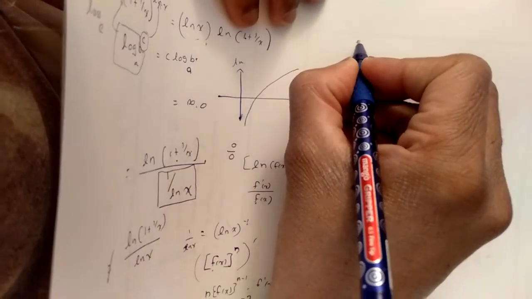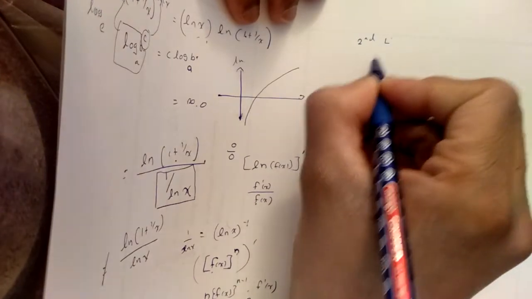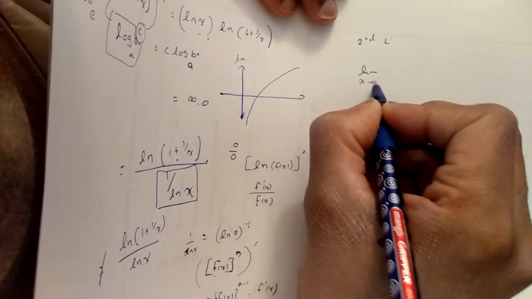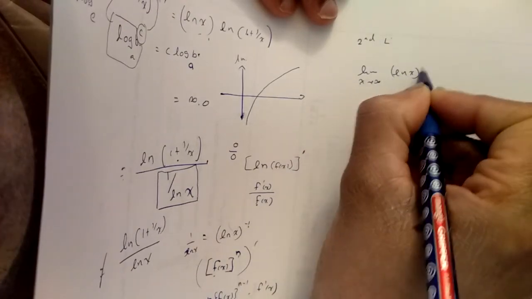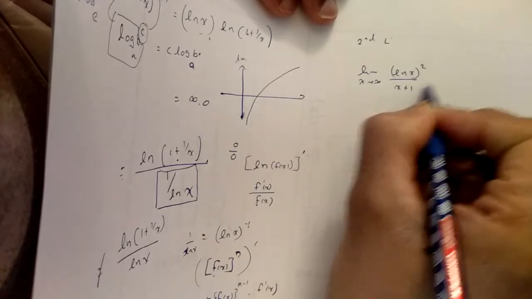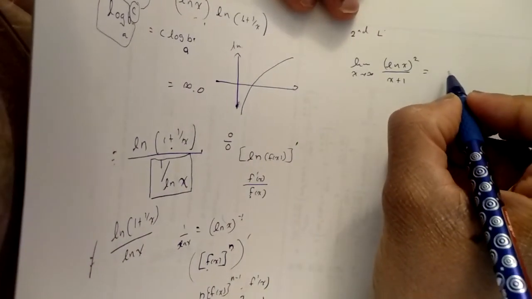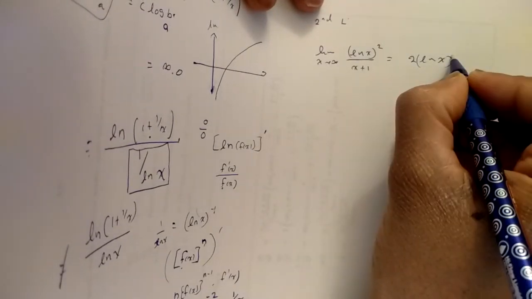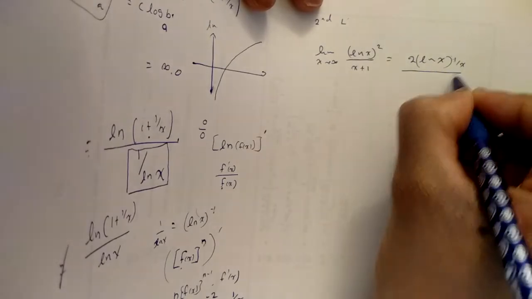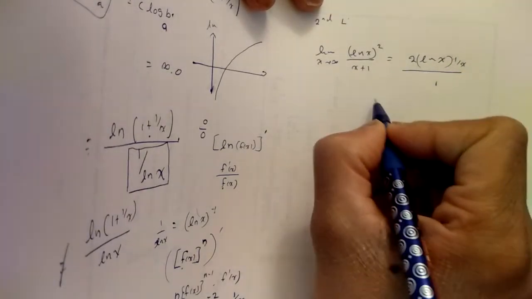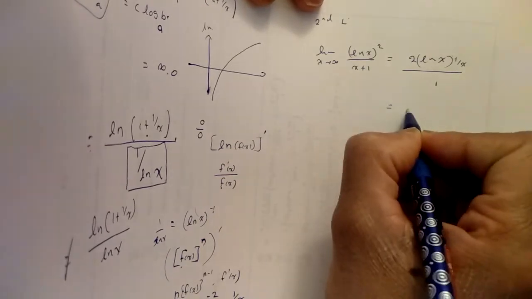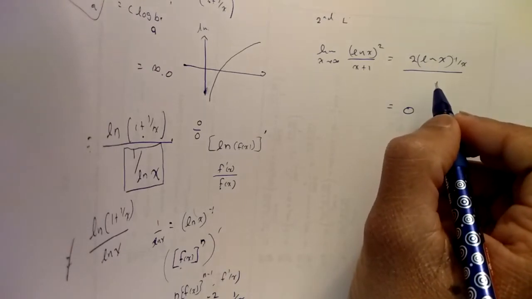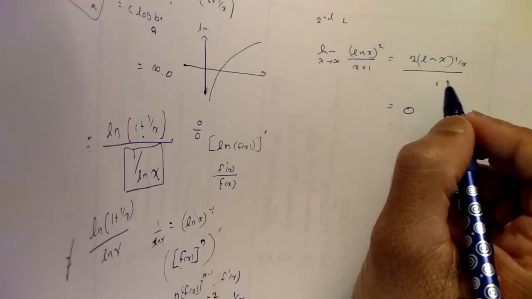Now, for the second time, we are applying L'Hopital's rule. When you apply it to this quotient, you will have 2 ln x times 1 over x, over 1, right? So now we can easily compute the limit of this simplified term. But still we are not finished, okay?